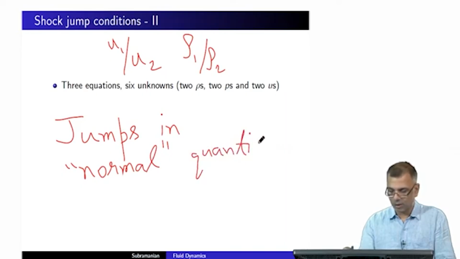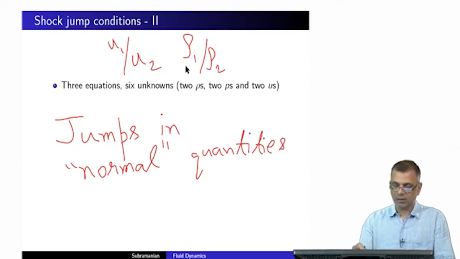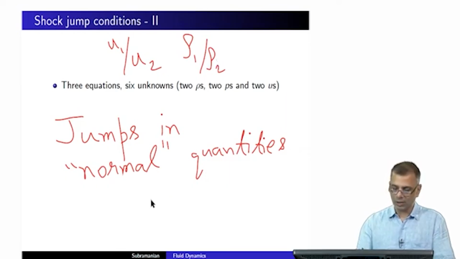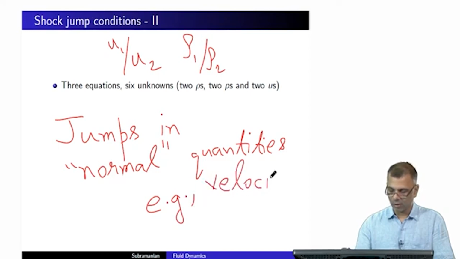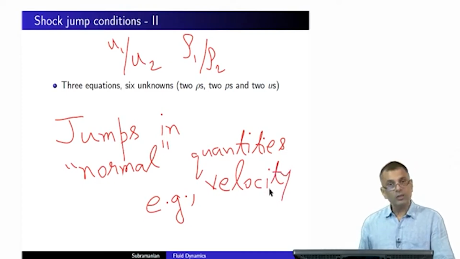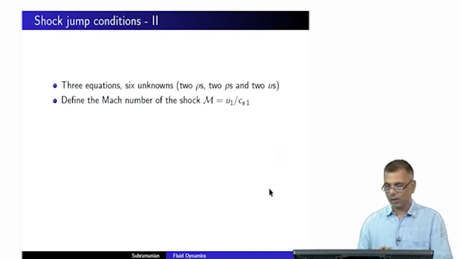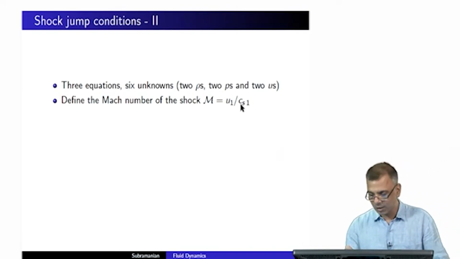For instance, normal velocity. There's no sense in talking about normal density; this is just density. So normal quantities, e.g. normal velocity.